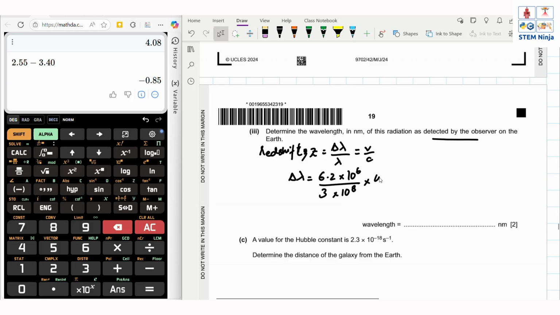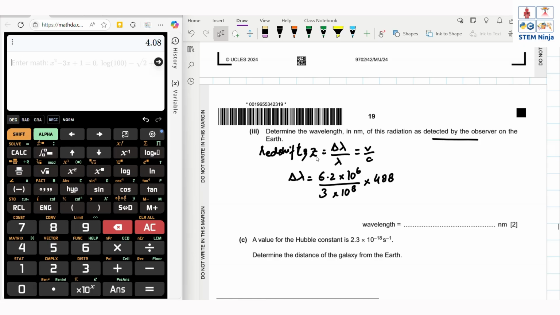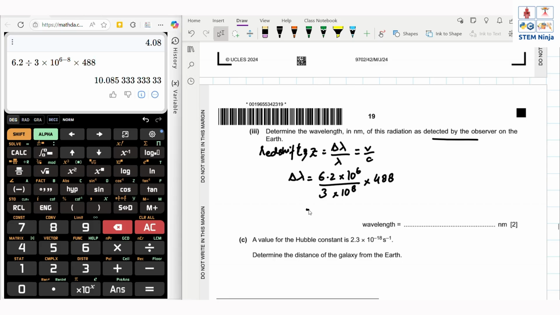And lambda was 488 nanometers. So we don't need to convert this because this is a ratio over here. So 6.2 divided by 3 times 10 raised to power 6 minus 8 times 488.